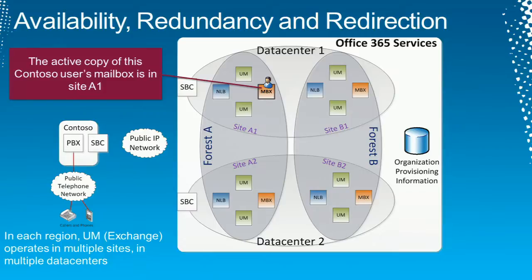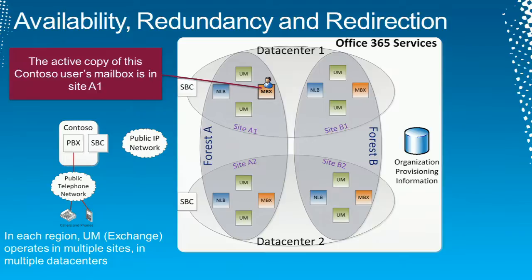Okay, so here is a Contoso user again, and the Contoso user has a mailbox in a particular site here that I've called A1. We have two data centers, Data Center 1 and Data Center 2, imaginatively named. Each of those has an SBC at the edge.